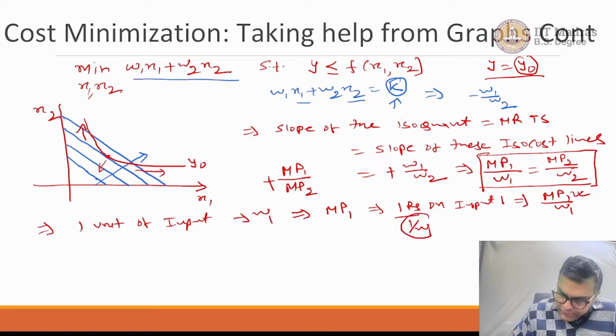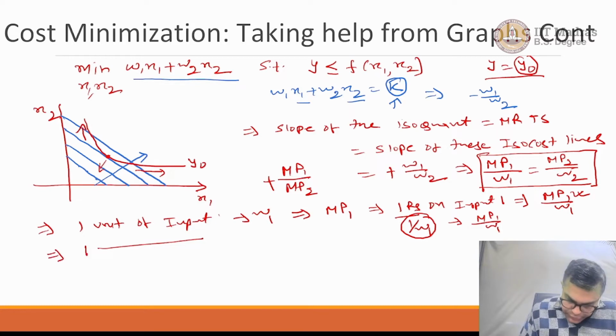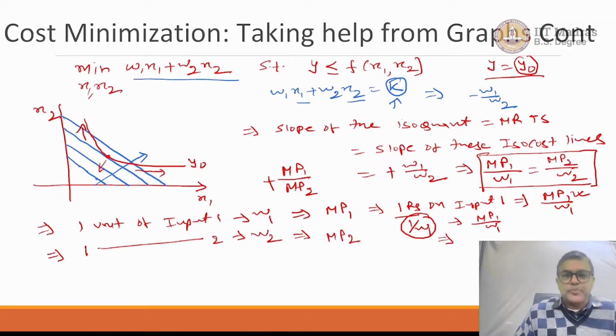So the total contribution from 1 by W1 units of input 1 is going to be MP1 divided by W1. Similarly, 1 unit of input 2 will cost you W2, and the marginal contribution is MP2. So by the same logic, 1 rupee spent on input 2 will increase the output by MP2 divided by W2.